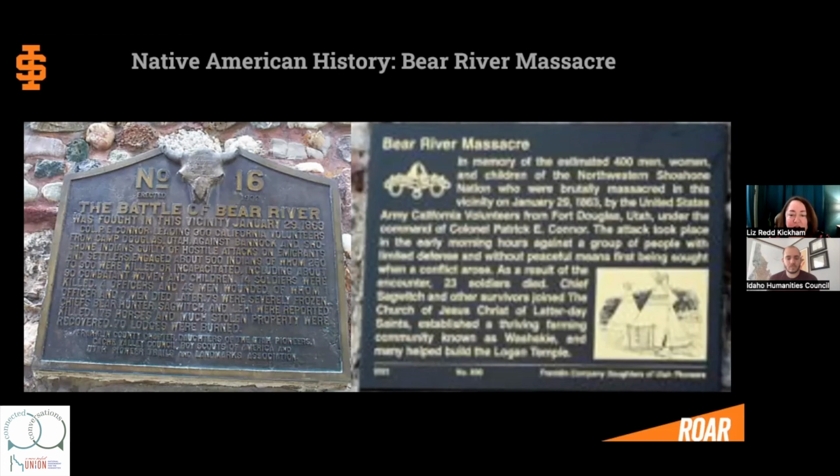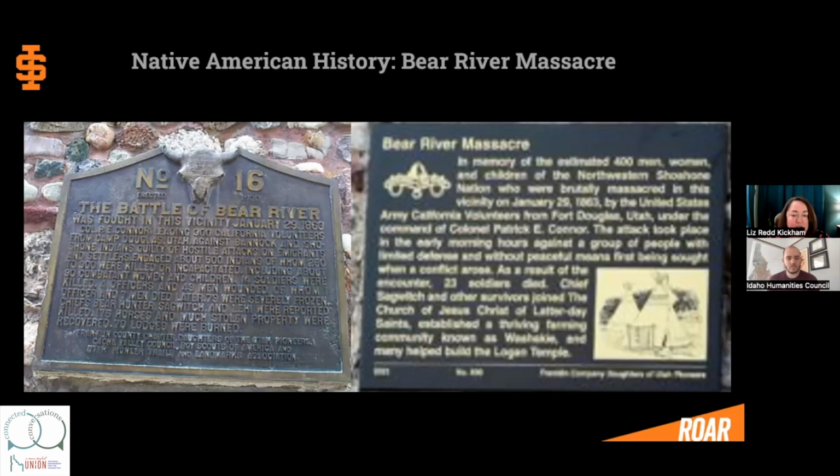"Colonel P.E. Connor, leading 300 California volunteers from Camp Douglas, Utah, against Bannock and Shoshone Indians guilty of hostile attacks on immigrants and settlers, engaged about 500 Indians, of whom 250 to 300 were killed or incapacitated, including 90 combatant women and children. 14 soldiers were killed, 4 officers and 49 men wounded, of whom one officer and 7 men died.